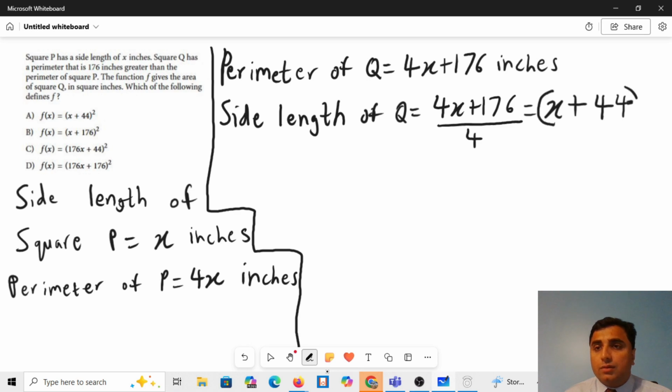Let me write this in parentheses, and then we have to find which of these options is going to be the area of square Q.